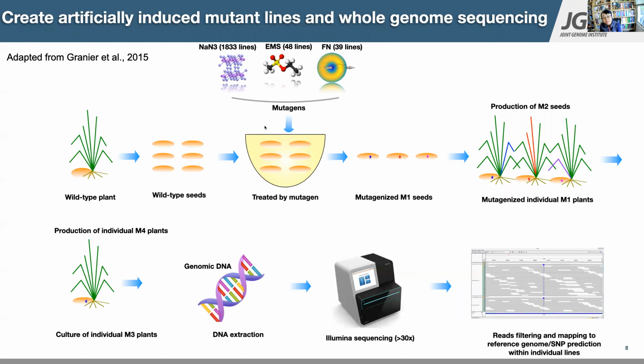So we created artificially induced mutant lines using the three classic mutagens. We created 1,833 lines with sodium azide, 48 lines with EMS, and 39 lines with fast neutron, and then collected the seeds and grew them until the third generation, extracted the DNA from the third generation, and did Illumina whole genome sequencing.